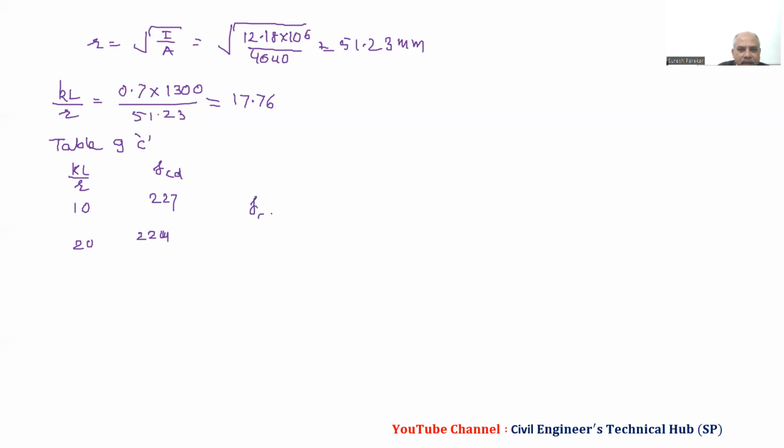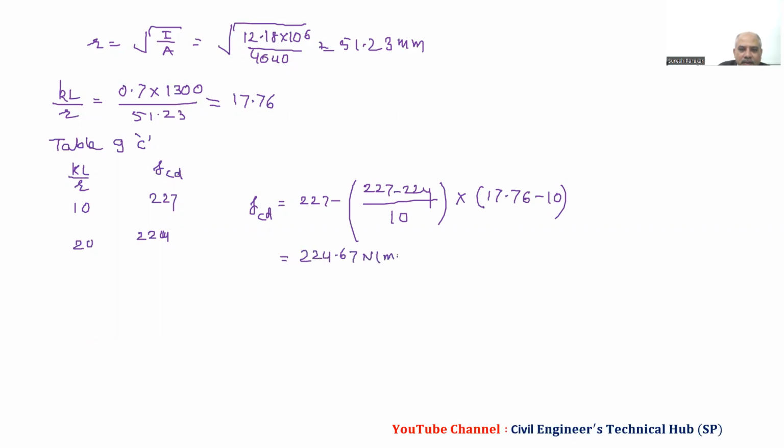Therefore we will get FCD by interpolation, 227 minus 224 upon 20 minus 10 multiplied by 17.76 minus 10, and we will get 224.67 Newton per mm square.